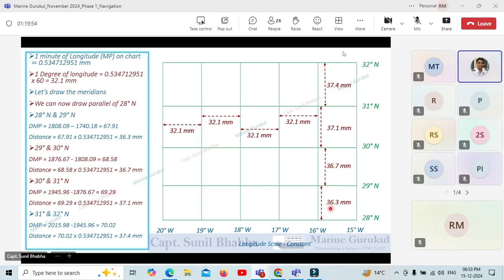And you can now see the gap between the parallels is gradually increasing as the latitude increases. So we have the full graticule showing the meridians as well as the latitudes, and that completes our construction of the Mercator chart.